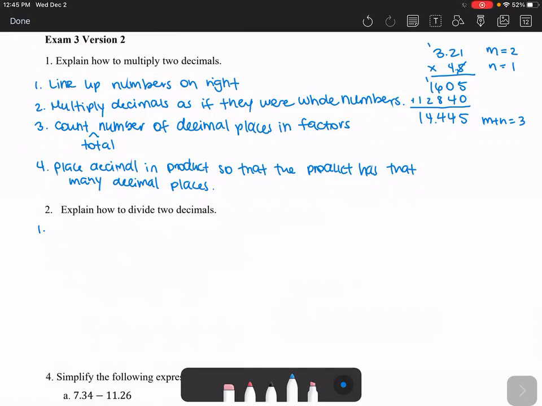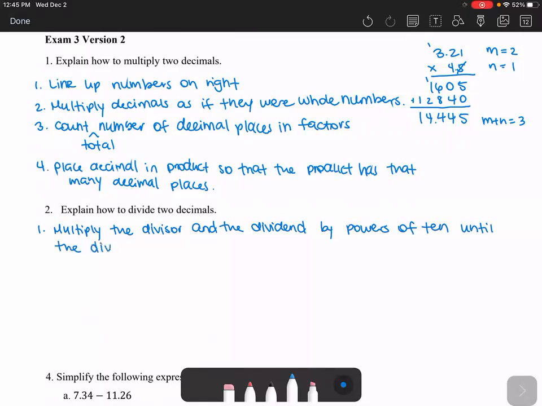So the first thing that we're going to do is we are going to multiply the divisor, which is the second number in the division, and the dividend, which is the first number in the division, by powers of 10, which is the same thing as moving the decimal place until the divisor is a whole number.